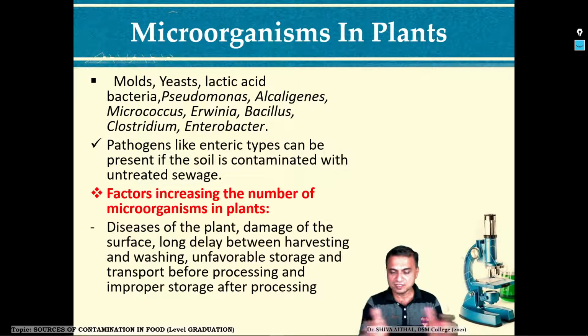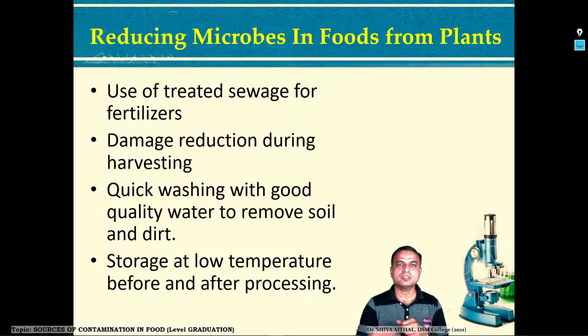If there is a large time between harvesting and selling, or unhygienic conditions in the storehouse, the number of microorganisms will increase. Unfavorable storage and transport before processing and improper storage after processing are also responsible for microorganisms in plant stuffs.